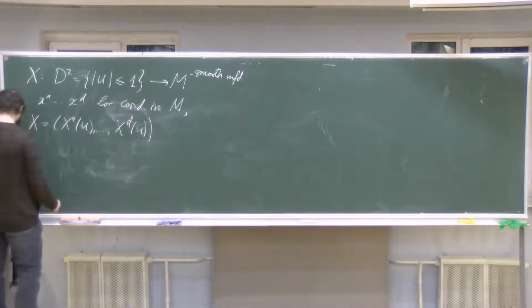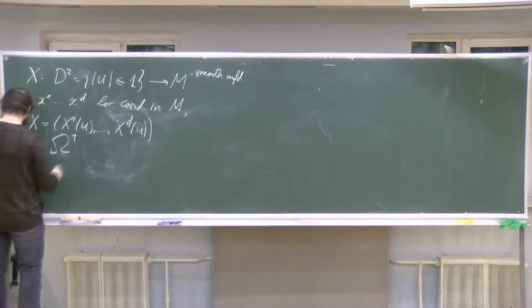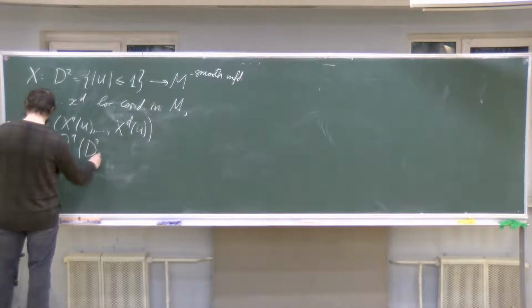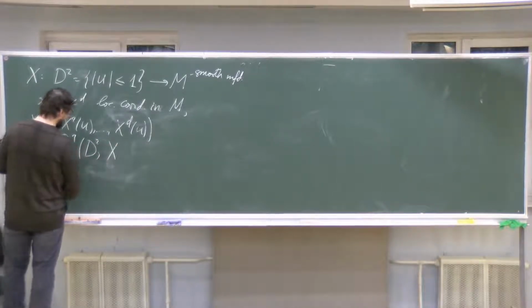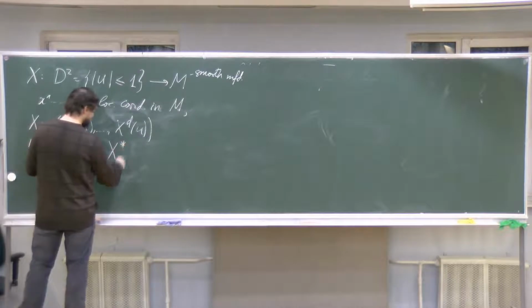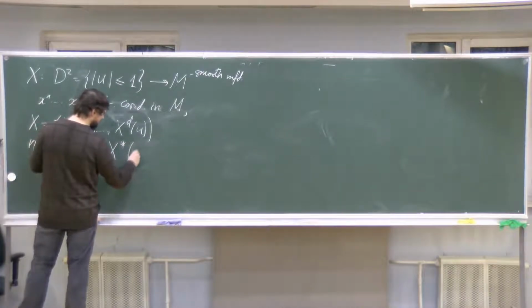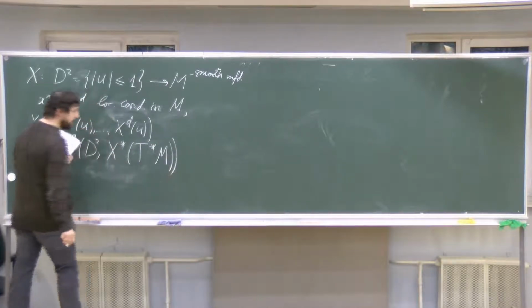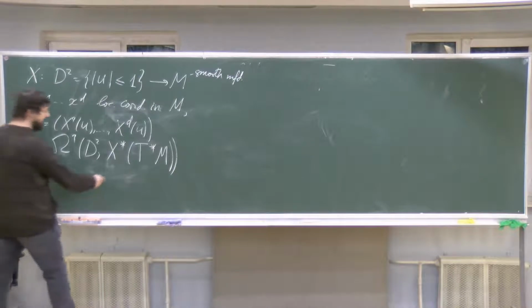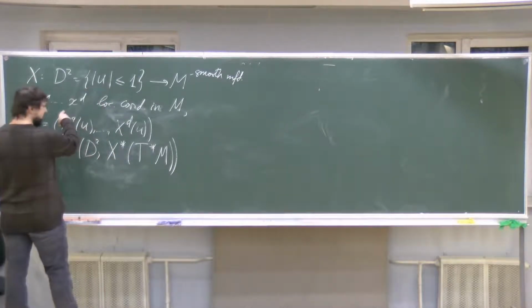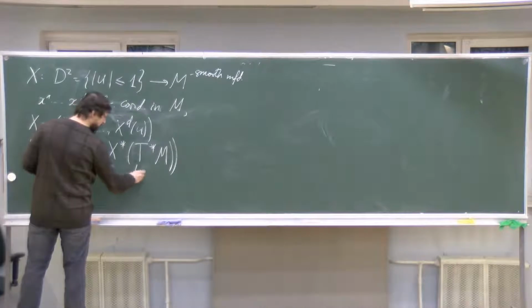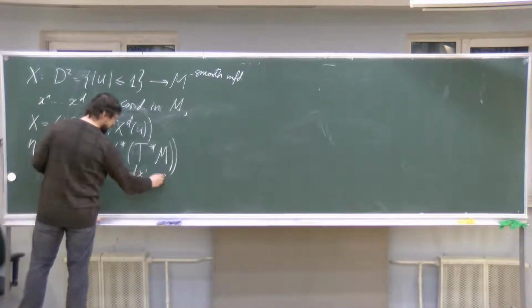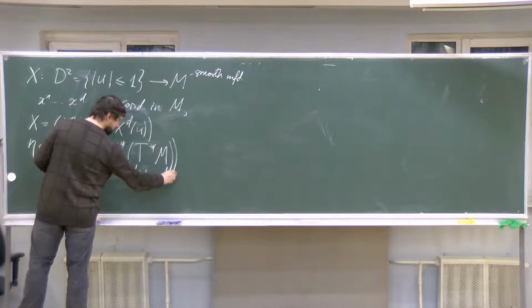And we also consider a differential one-form eta on the disk, but with values in the pullback along X of the cotangent bundle of M. So when you have the cotangent bundle and choose coordinates, you get a basis in the cotangent bundle, dx1 to dxd, right?